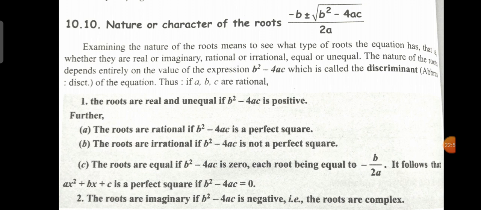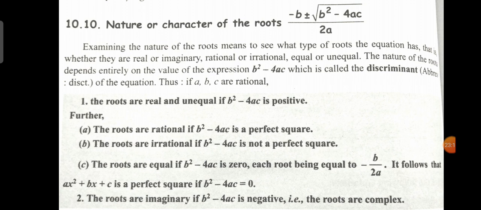It is called the discriminant, which is very important. So b square minus 4ac is the discriminant. According to that discriminant, the nature of the roots of that function will be determined.